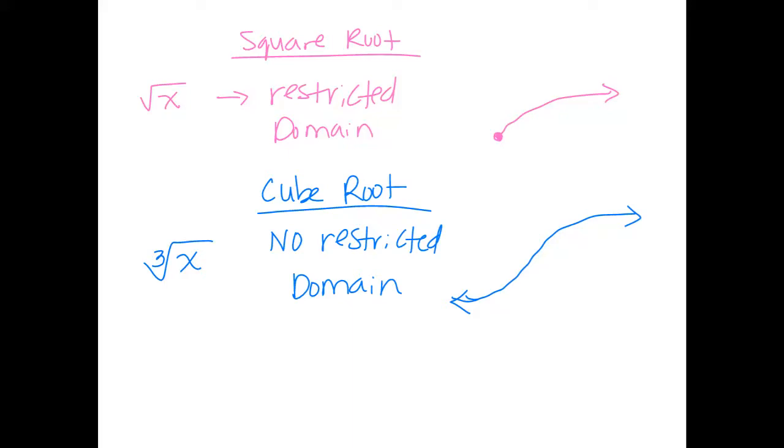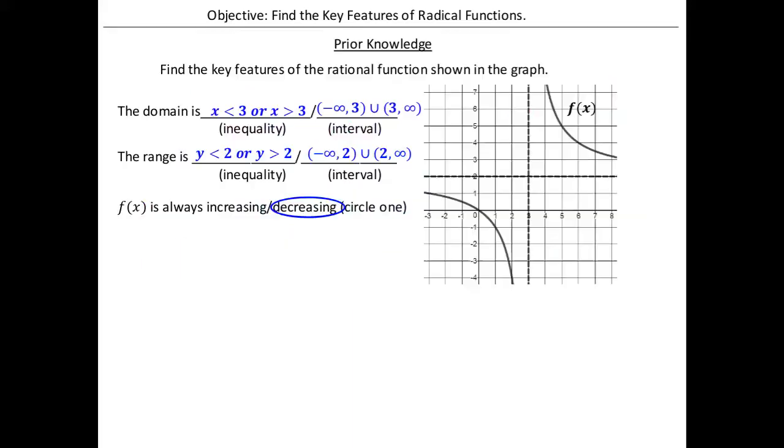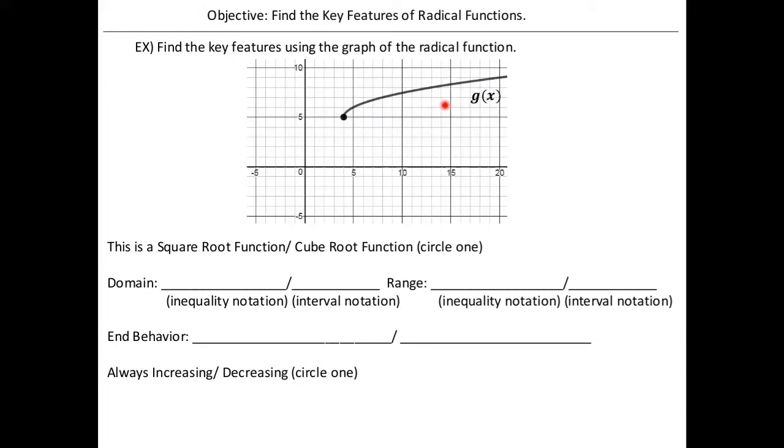All right, so with that now, let's look at our first example. If we look at our first example here, looking at the graph, the directions say to find the key features using the graph of the radical function. It doesn't tell you if it's square root or cube root, so you have to determine that in the first part. Is it a square root or is it a cube root? Well, I noticed that there is an endpoint here.